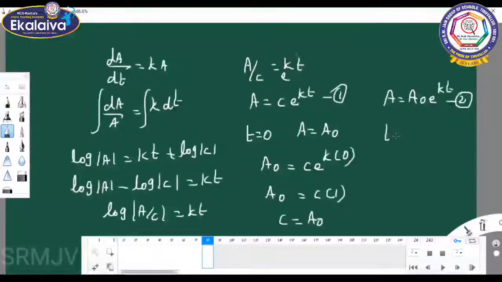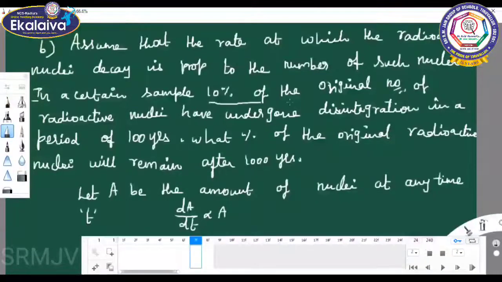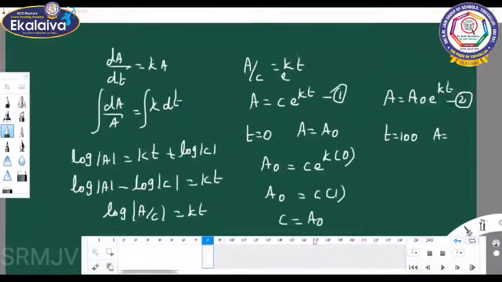So when t equals 100, A equals... they are telling us that in 100 years, 10 percent of the original number of radioactive nuclei has undergone disintegration, which means reduced. So 100 minus 10 gives 90 percent of A naught.